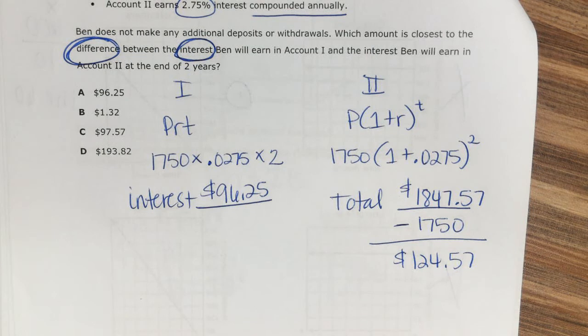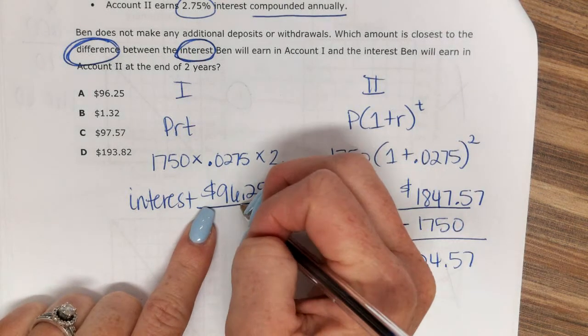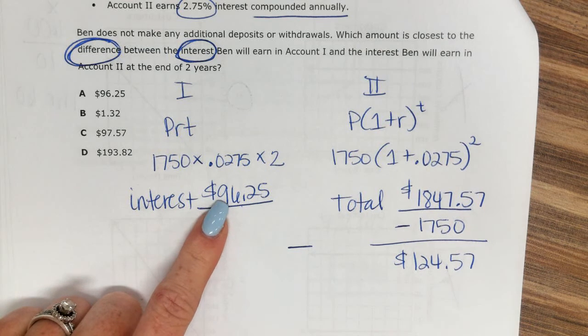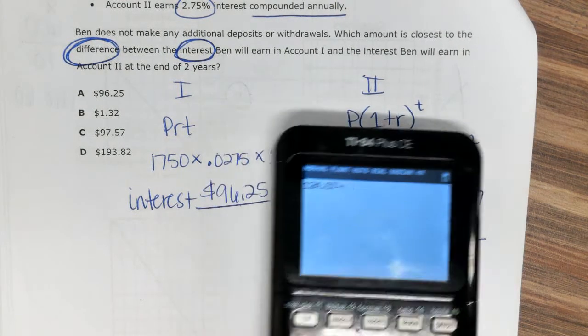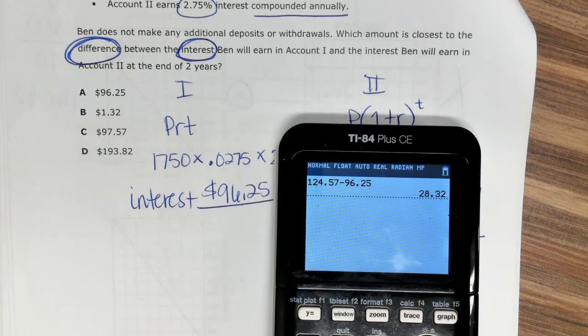What does difference mean? Subtract those two numbers. So I just take this answer and I'm going to subtract this one. Of course, I'm going to do the bigger one first. So 124.57 minus 96.25. What's the difference?